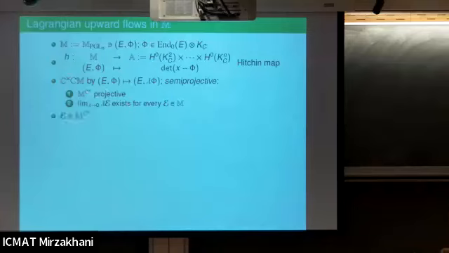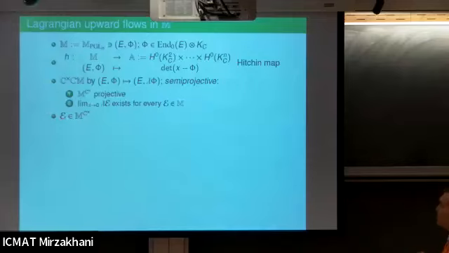Okay, you can prove this, by the way, by the property that the Hitchin map is proper and C-star equivariant with positive weights in the base. Now knowing this, we will have a very nice decomposition of the moduli space into these Lagrangian upward flows. So what is such an upward flow?